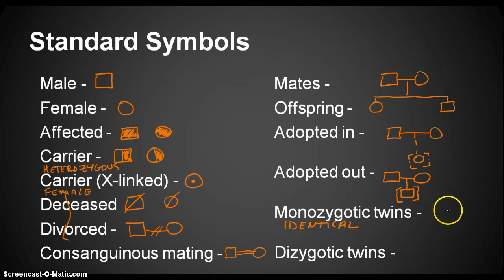For identical twins, we're going to have our parents, and then the children come off at an angle. And so here are my twins, and if they're identical, then I'm going to connect these two angled lines with a horizontal. Dizygotic means non-identical, and so we're just going to get rid of that horizontal line.